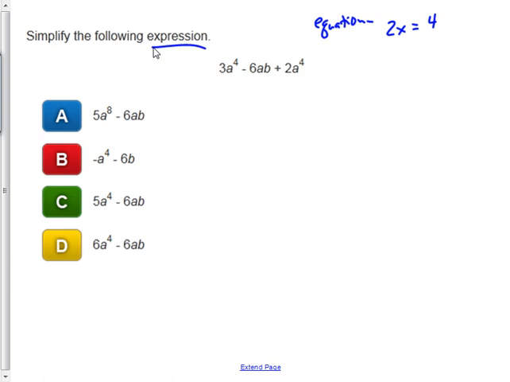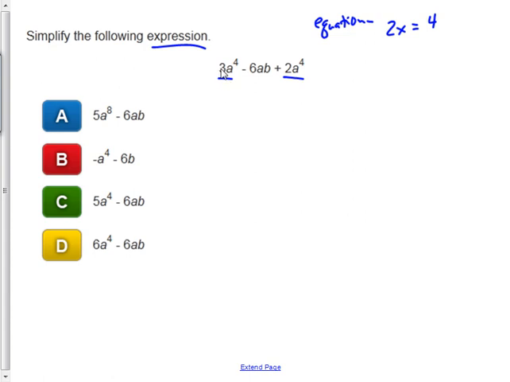Okay, and so we can simplify them so they just look a little bit nicer. Some things we're going to be using here are different properties of addition, subtraction, multiplication, and division. So here in this one, we're going to be using what is called the associative property to combine like terms. 3a to the fourth and 2a to the fourth, we call those like terms because they're both being associated with a to the fourth.